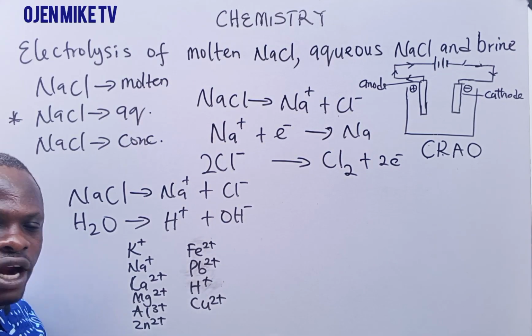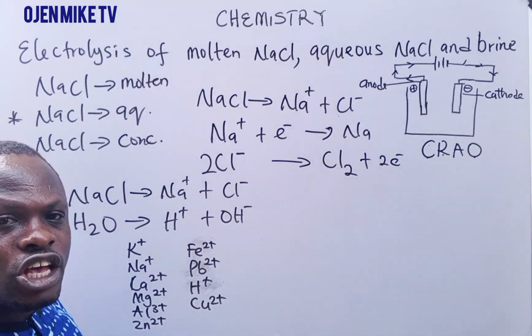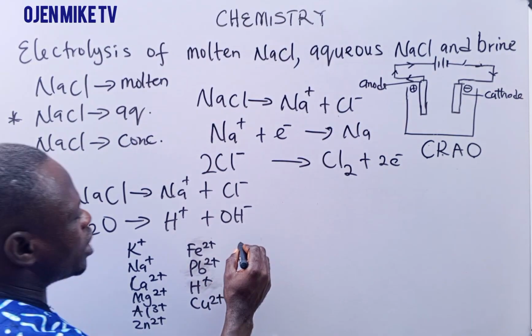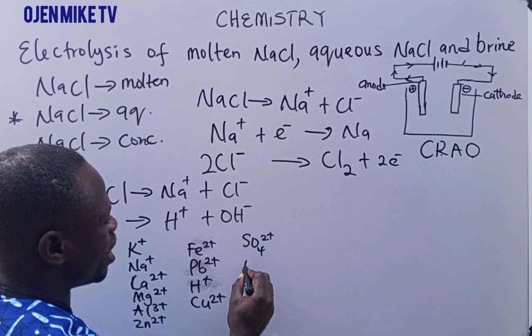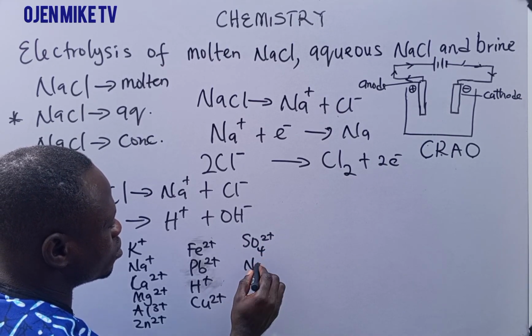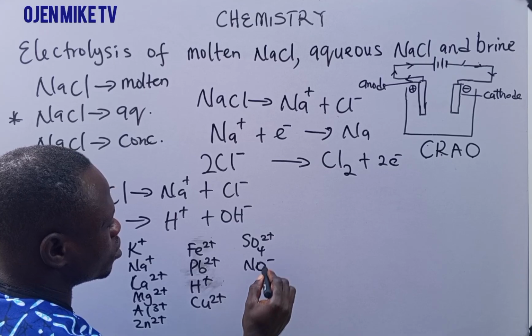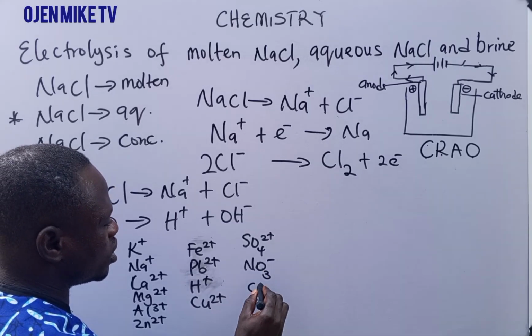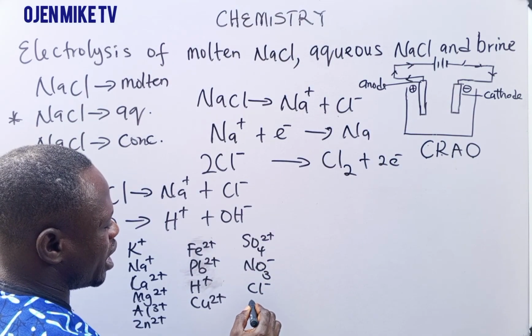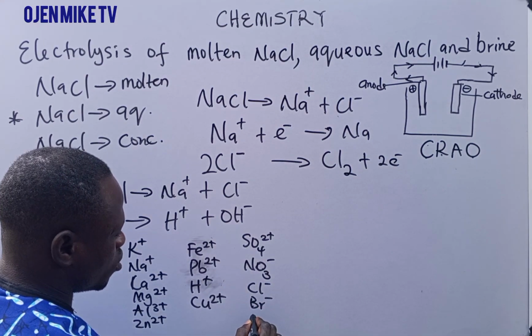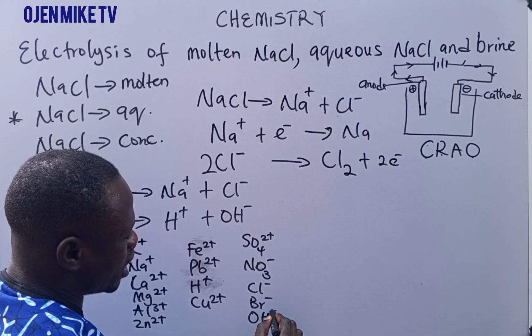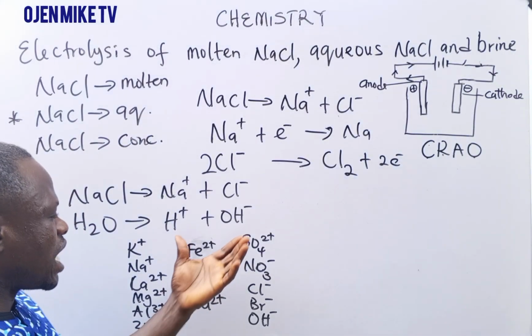Let me stop there. Now in the case of anions, we have sulfate ion, nitrate ion, chloride ion, bromide ion, and hydroxyl ion. These are the ions.